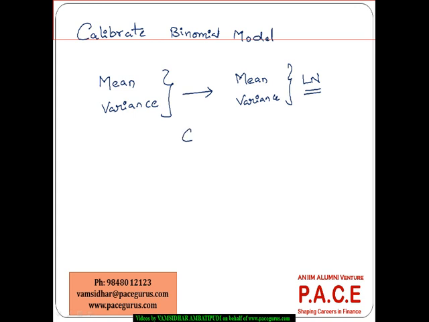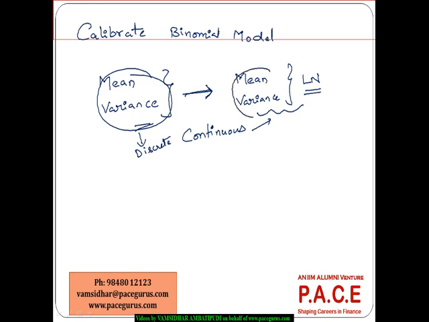And in continuous time, this binomial tree is more of a discrete time model, whereas the log normal is more of a continuous one. So in a continuous scenario, this particular model can very well approximate a log normal model. So we will take the mean and the variance while calibrating the binomial model on similar lines as the mean and the variance of an equivalent log normal model.